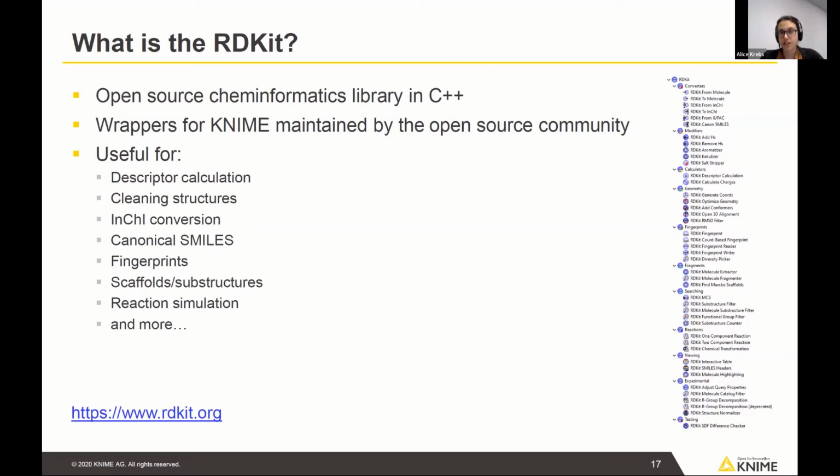And there's a lot of functionality within these nodes. So you can calculate descriptors, which we're going to do today, clean structures, convert formats, canonicalize SMILES, which we're also going to do today, fingerprints, scaffolds, and reactions, and many more, of course.